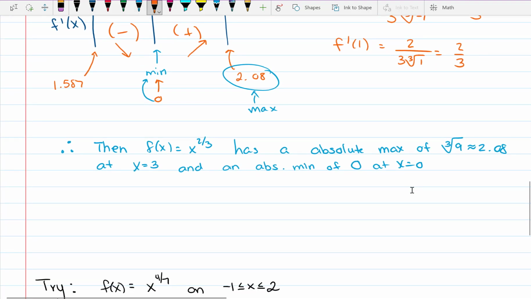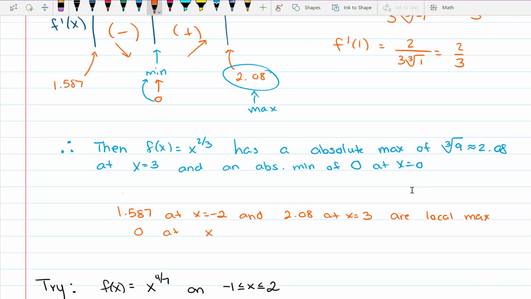Now I want to keep in mind that 1.587 at x equals -2 and 2.08 at x equals 3 are also local maxes, and 0 at x equals 0 is a local min.